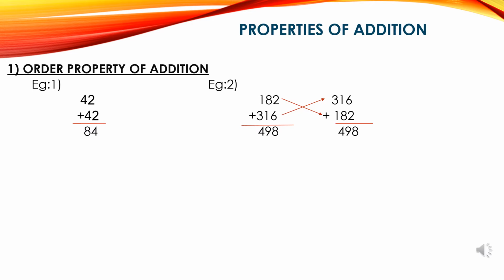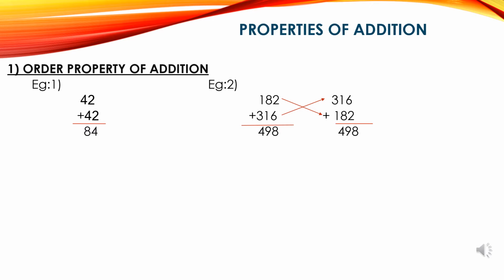Now 2 plus 2 is 4 and 4 plus 4 in the tens place is 8. If we change the order, that is again 42 plus 42, you will get the same answer.